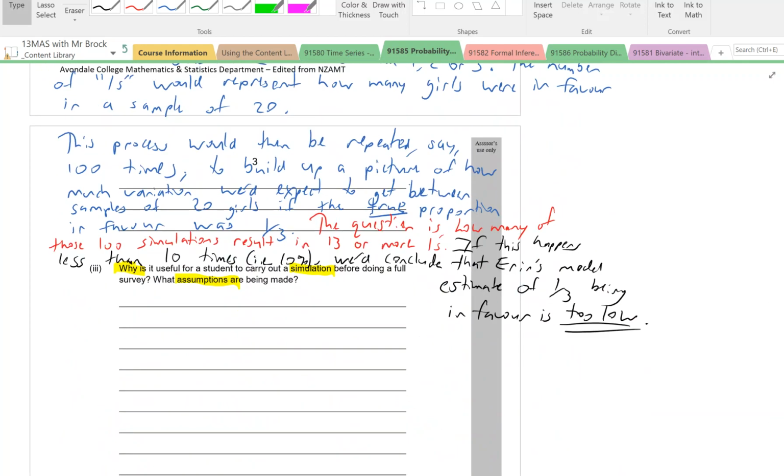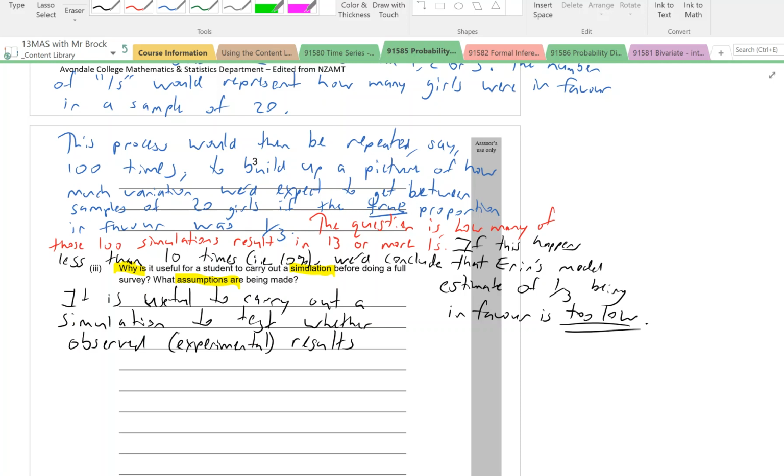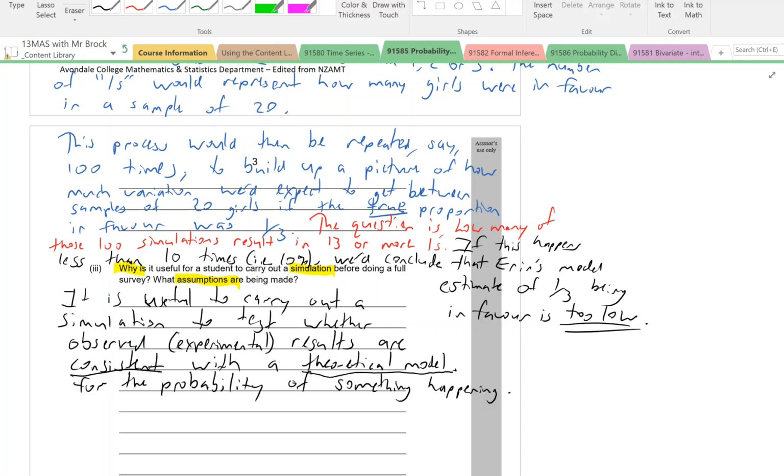being in favour. And in general, it's useful to carry out a simulation to test whether some observed or experimental results are consistent with a theoretical model for the probability of something happening.